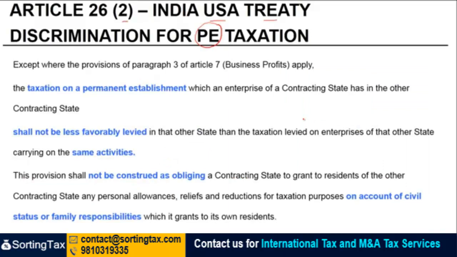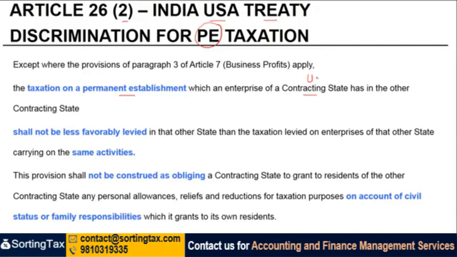Except where the provisions of paragraph 3 of Article 7 business profits apply, the taxation on a PE which an enterprise of a contracting state, let's say the US, has in the other contracting state, let's say India.